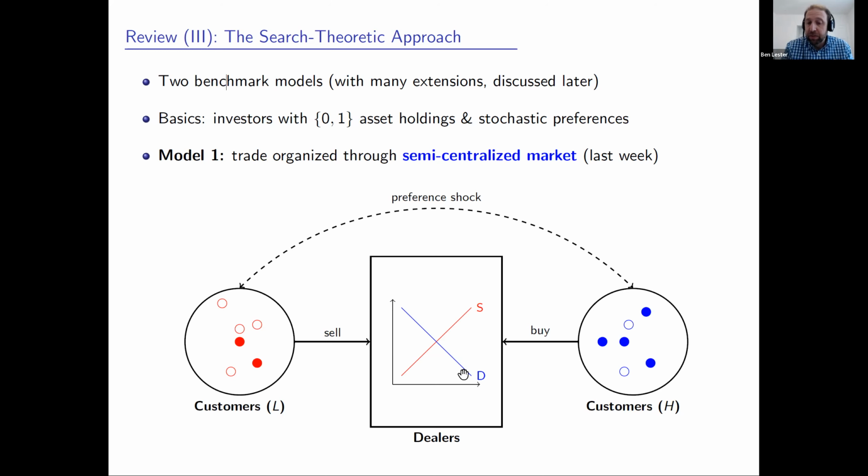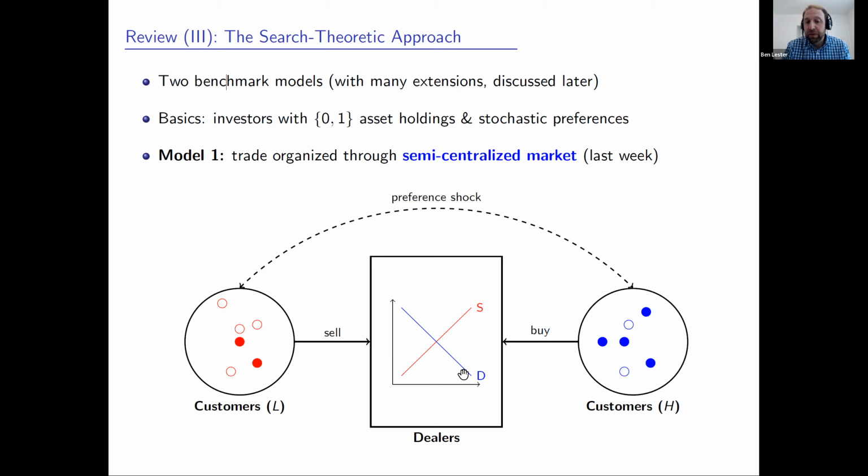But what's magical and what makes this model very tractable is when the dealer goes out the back door of the store, they have access to this frictionless interdealer market where they can instantaneously trade with other dealers. So basically in that model, what dealers are is they're gatekeepers to a centralized market. And since there's value to the customers for the immediacy, the gains from trade, and there's bargaining, the dealers take a piece of those rents.